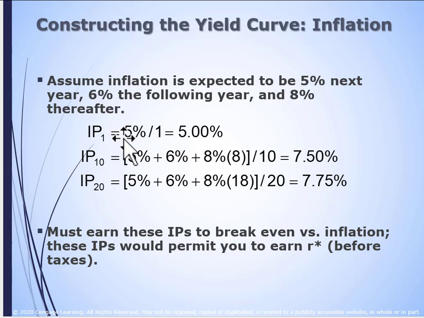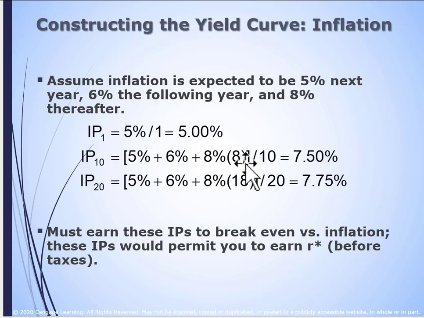So here we have what? If you're looking for inflation over the next 10 years, it's 5% next year, 6% the year after, and we said it's 8% every year after. So this is just the average, right? 5 plus 6 is 11. 8 times 8 is 64.